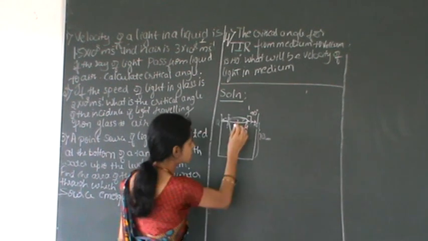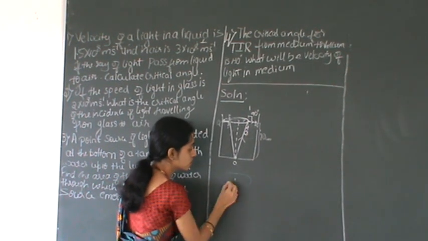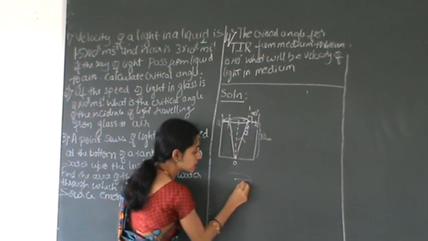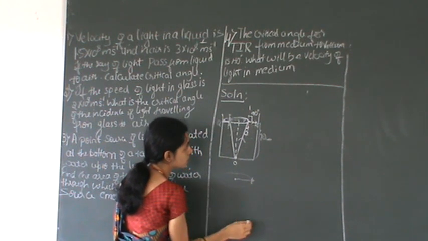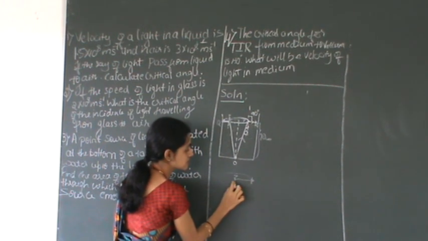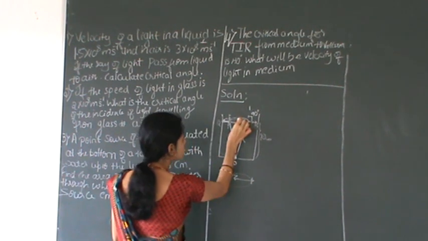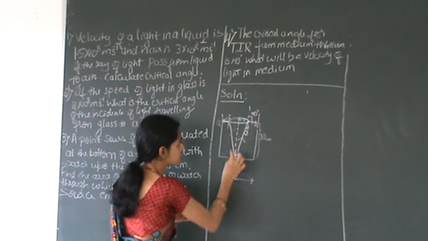You can see one circular area here like this. From here to here, since it's a circle, this portion, I will take it as A, okay.